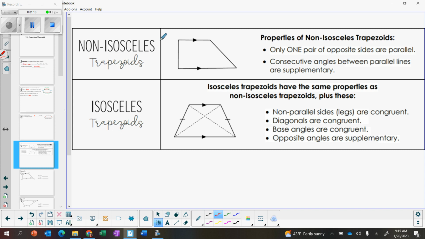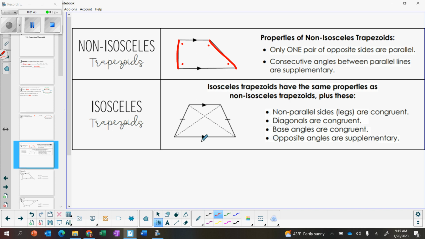So for all trapezoids, non-isosceles and isosceles trapezoids, you will have one pair of opposite sides being parallel, and the consecutive angles between parallel lines are supplementary. Two angles here, two angles here. If the trapezoid is isosceles, it actually gets a few more properties.